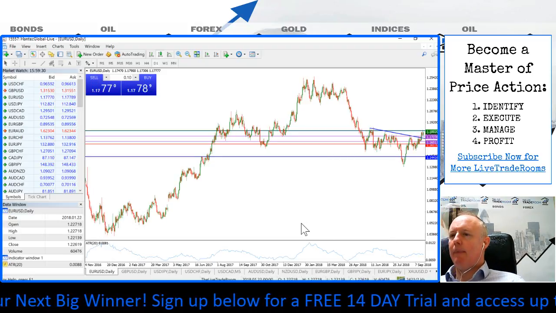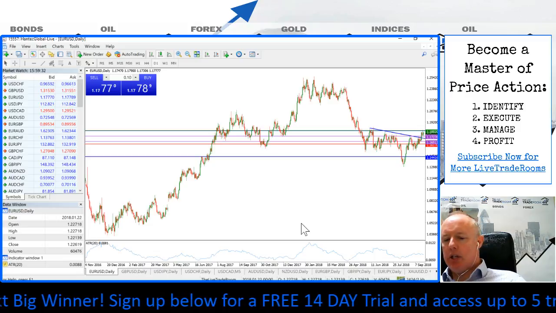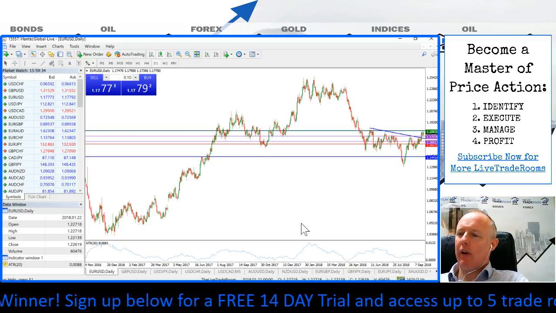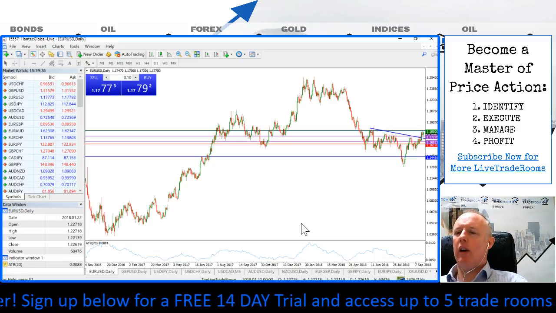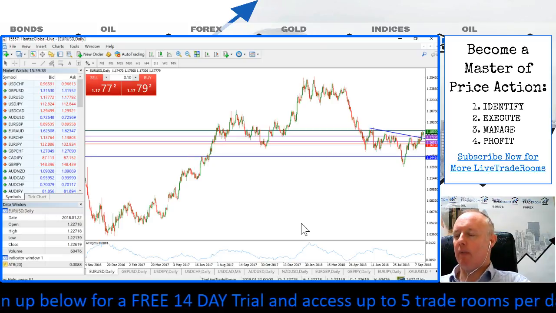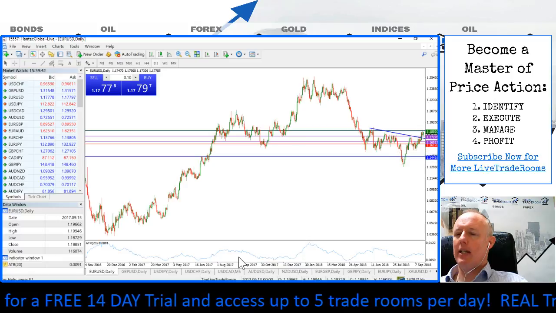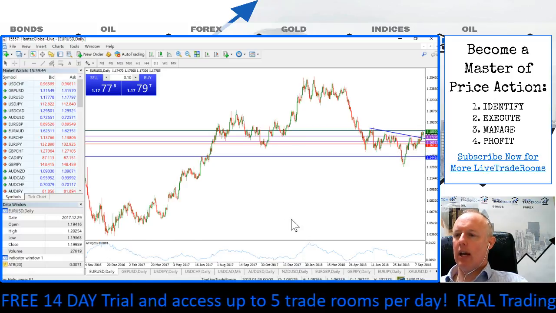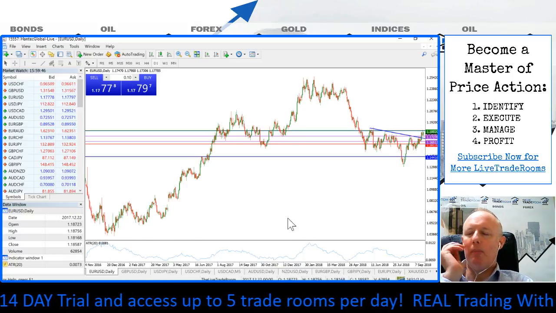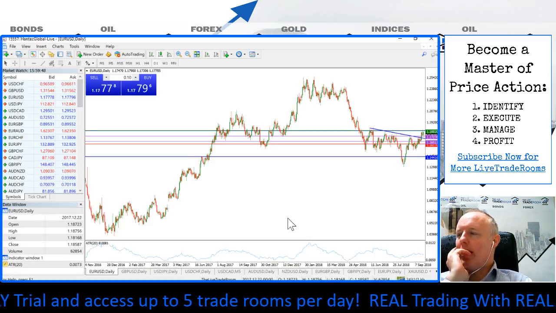So it just shows you it calculates the range over the last 20 periods from highs to lows. And if we look at the last 20 days in the euro dollar, the average is 81 pips in that range.